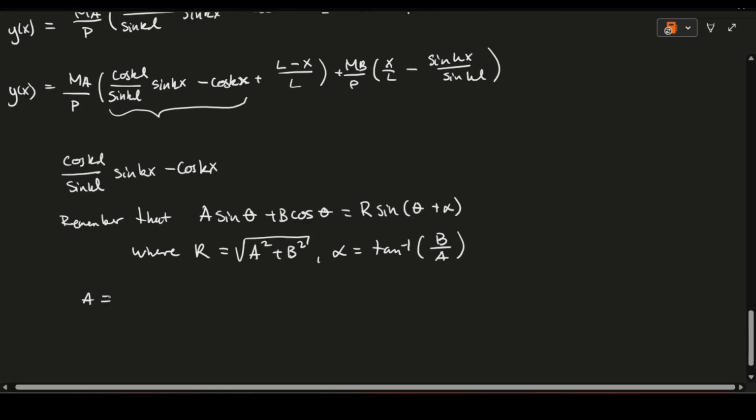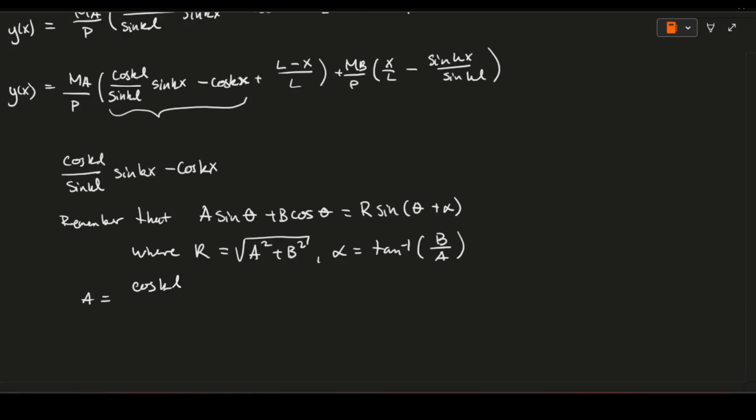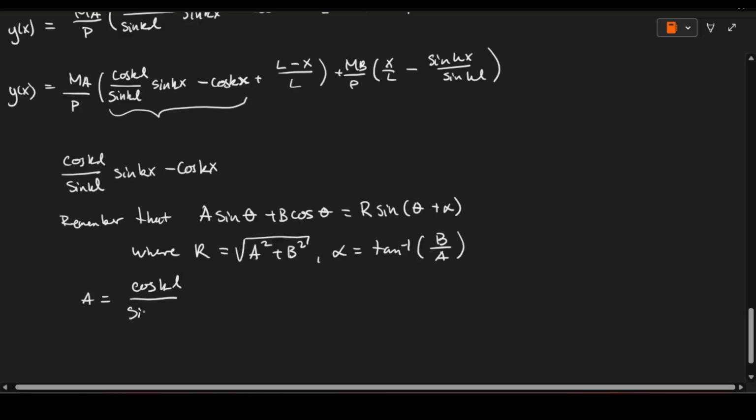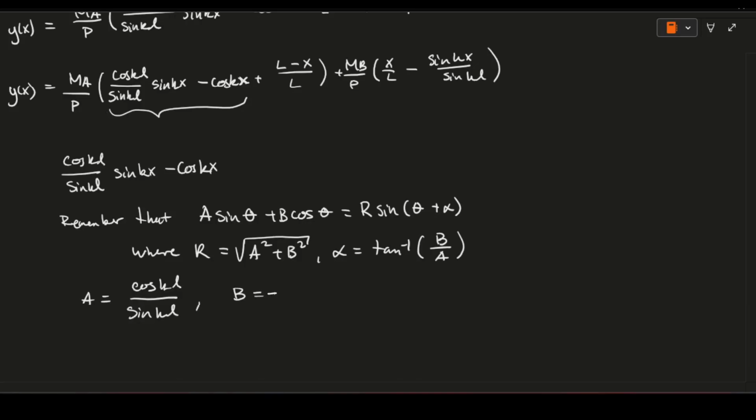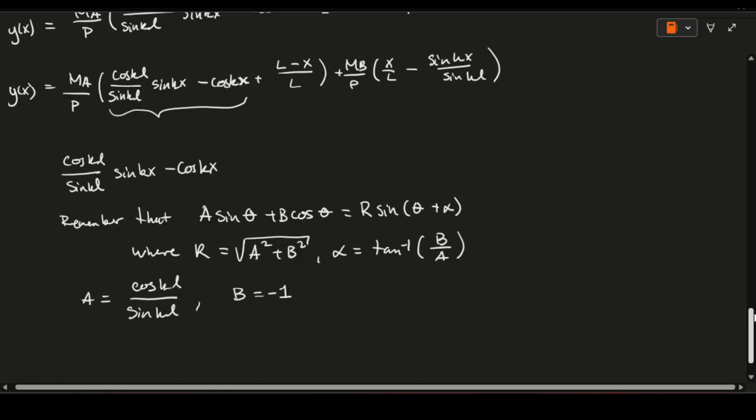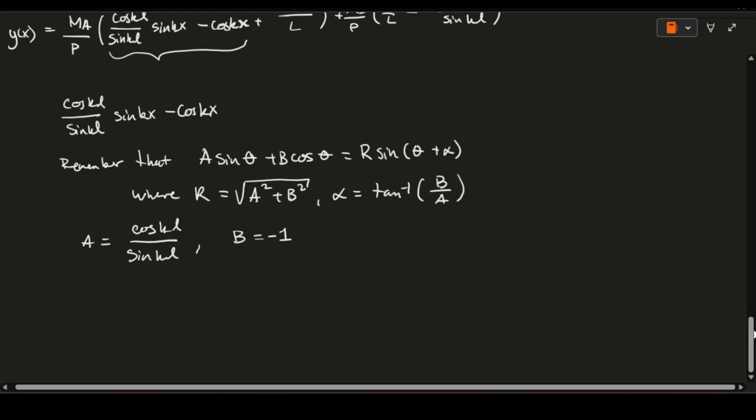So a in our case is cosine KL divided by sine KL, and b is equal to minus 1. So our r becomes the square root of cosine squared KL over sine squared KL plus 1.